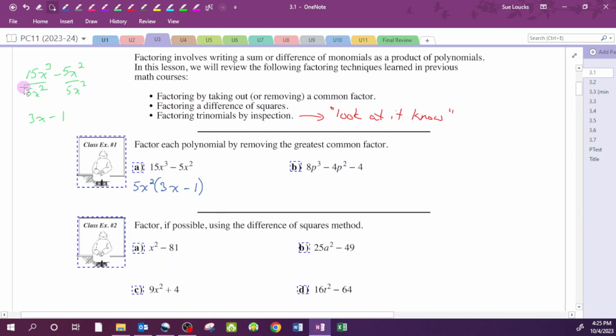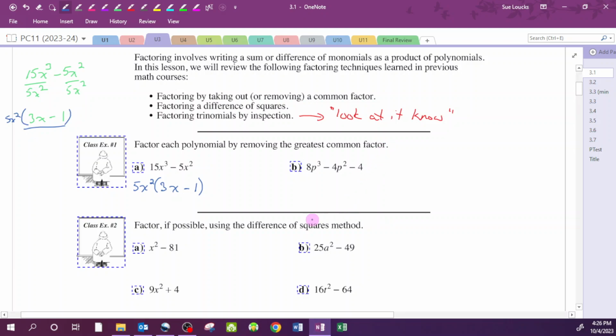But be careful that you don't forget about the 5x squared, because 3x minus 1 can't be your answer, because that clearly doesn't equal 15x cubed minus 5x squared. You have to put that part in brackets and put the 5x squared usually out in front, okay? So just be careful of that.